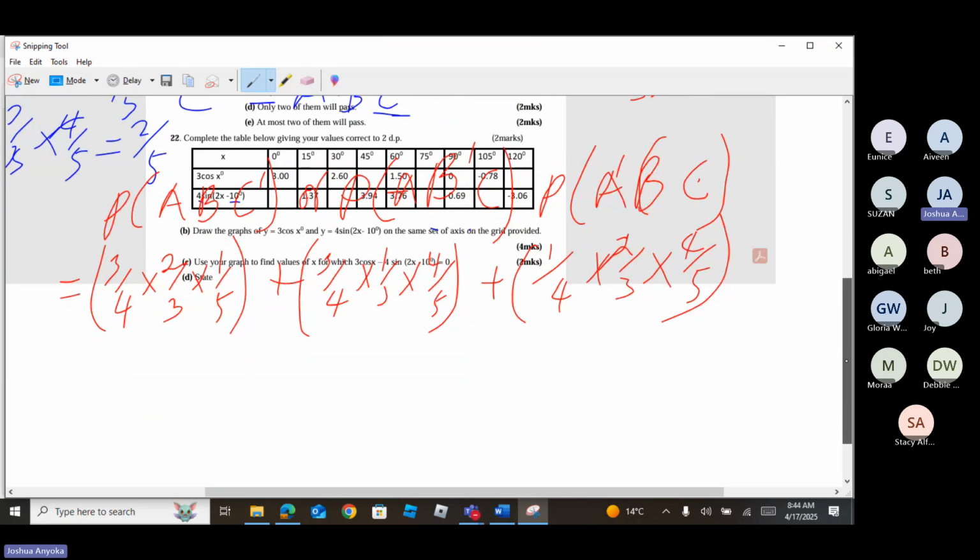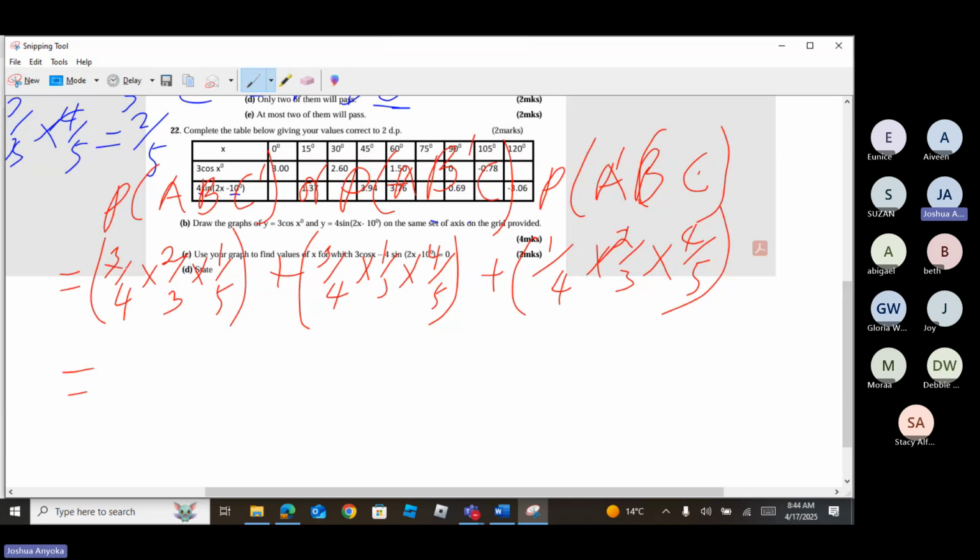And this one gives us the answer as 1/10 plus 1/20 plus 2/15.